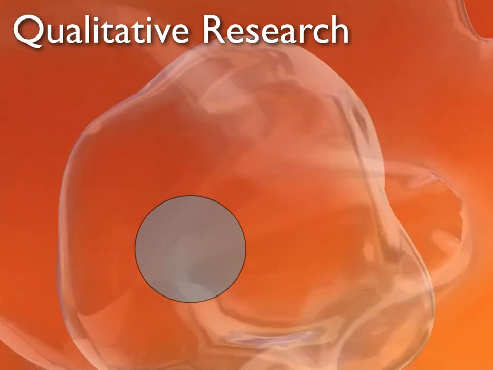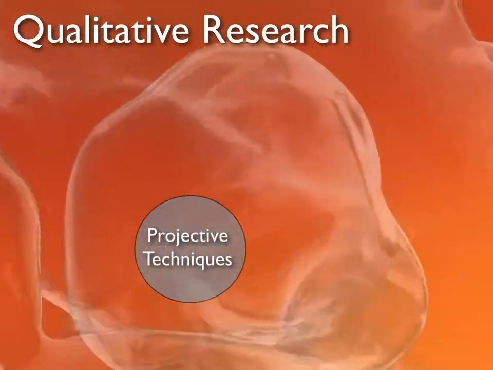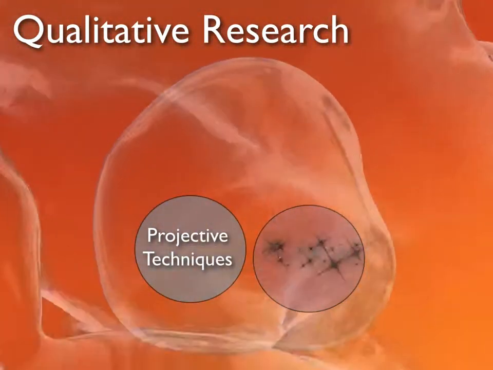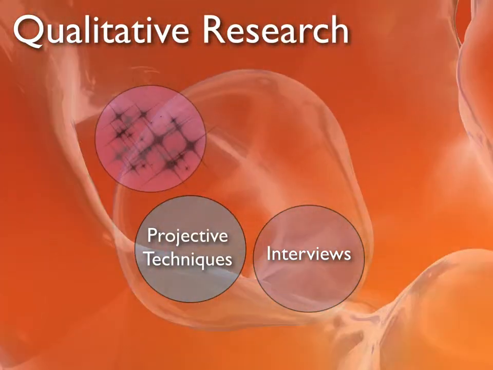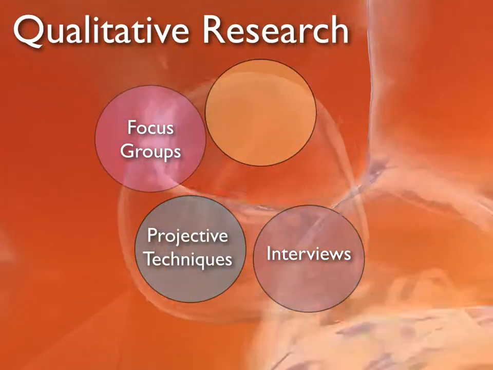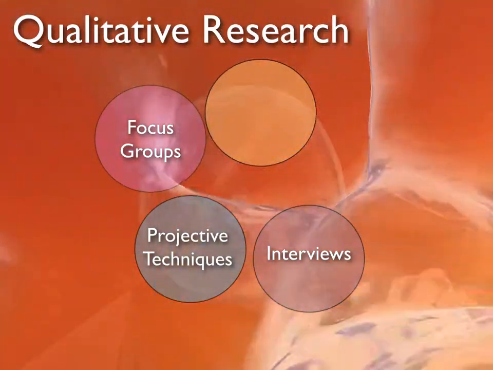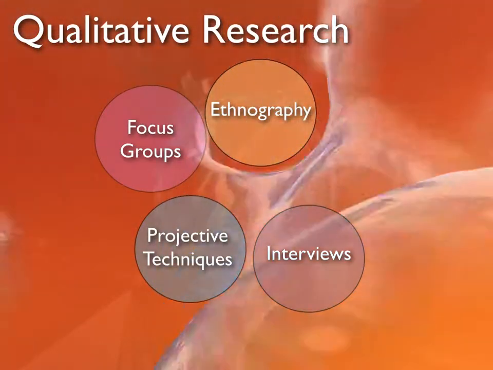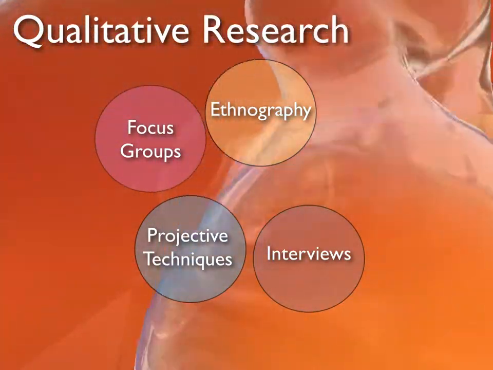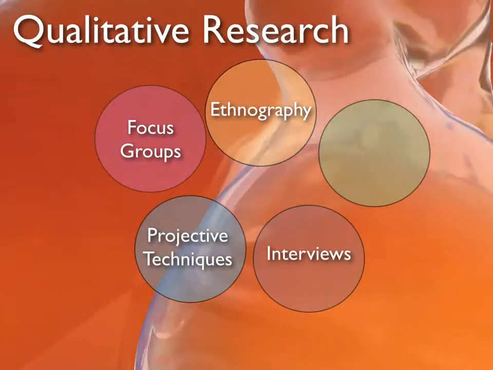So there's qualitative research. Qualitative research is projective techniques, interviews, focus groups, as we mentioned before, ethnographic research, so that's going out, seeing what people are doing, watching them in stores, seeing how they buy and shop.